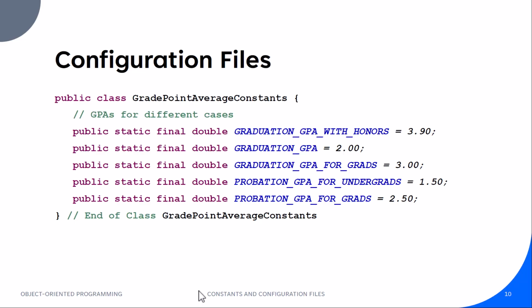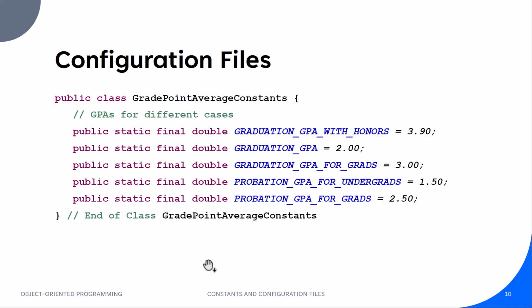Here's another example for a configuration file. Now suppose that we are developing software for a university course management system, and we may have certain grade point average constants, and then we place them into a configuration file so that we can easily identify these values within our software design. And when we need to change them, we may go to the configuration file and change them.